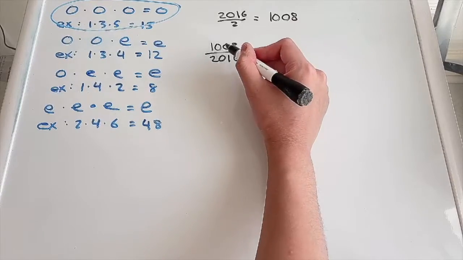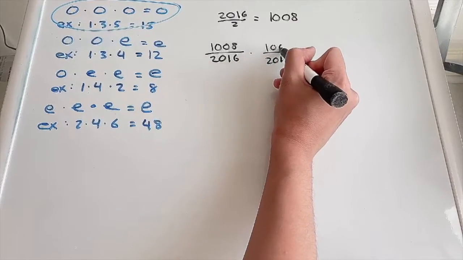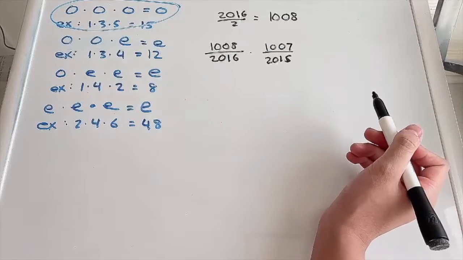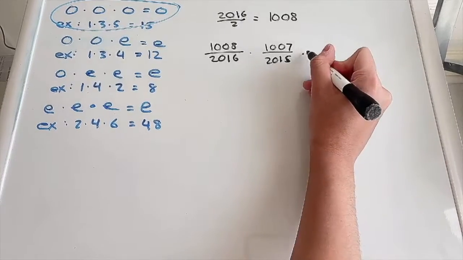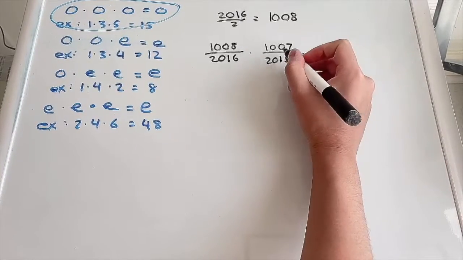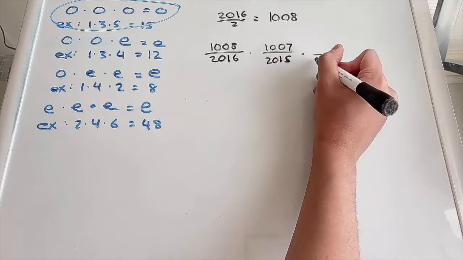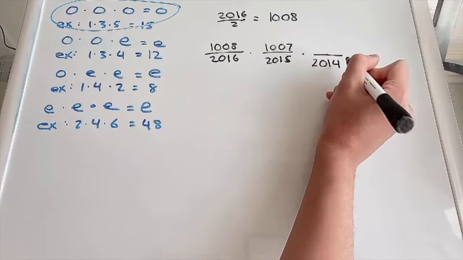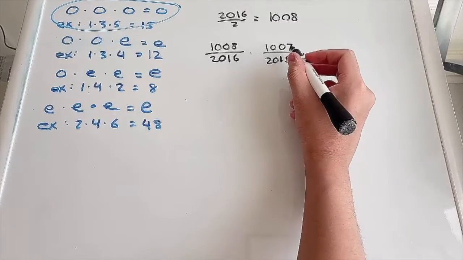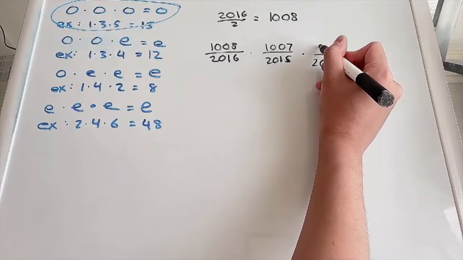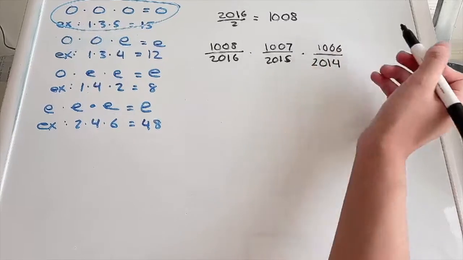Since we already chose one odd number, this would leave us with 1007 odd integers. And so forth for the next one. We already chose two numbers, so we are left with 2014 numbers. And because the numbers we chose are odd, the number of odd numbers becomes 1006.